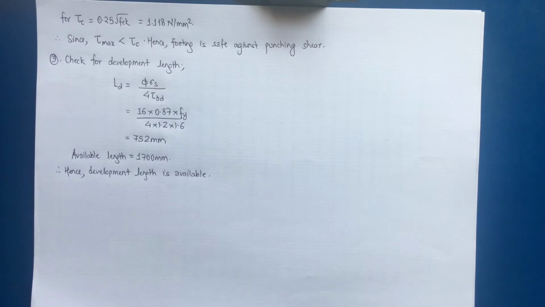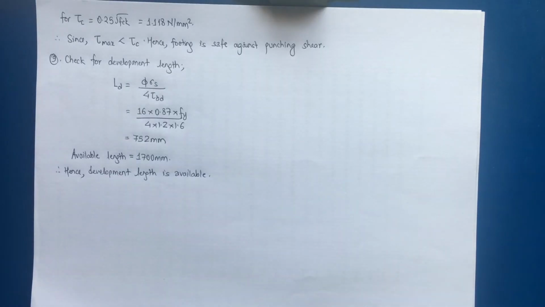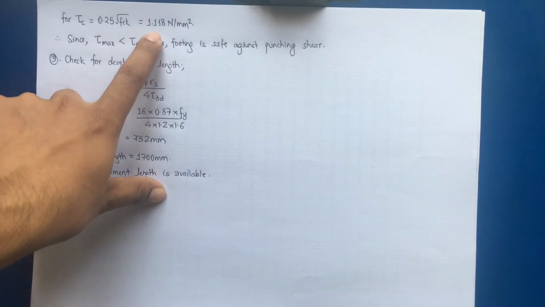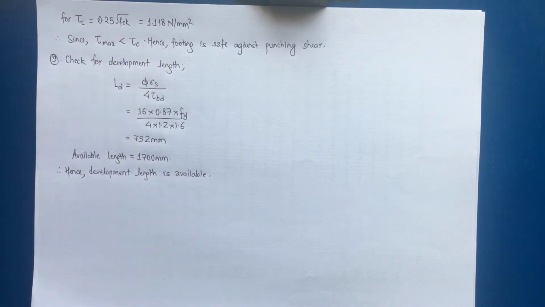But the shear stress is 0.917 and the permitted shear stress is 1.118. So tau max is less than tau c, hence the footing is safe against punching shear. So the depth provided is safe against bending, two-way shear as well as one-way shear. So this is about the necessary check.